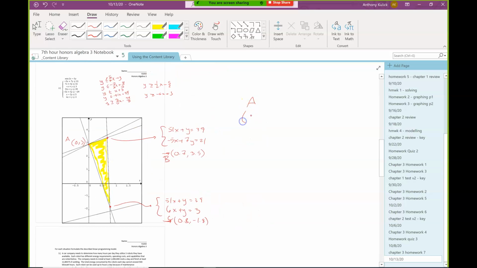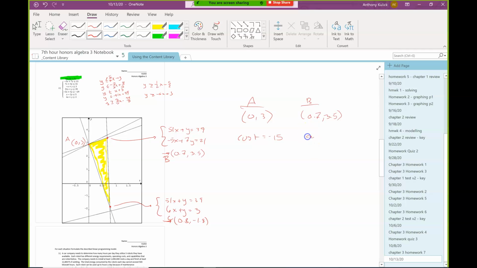So for A, 0, 3, I'll plug that back into the cost function here. That's going to give me 2 times 0 minus 5 times 3, so negative 15. B is 0.7, comma 3.5.